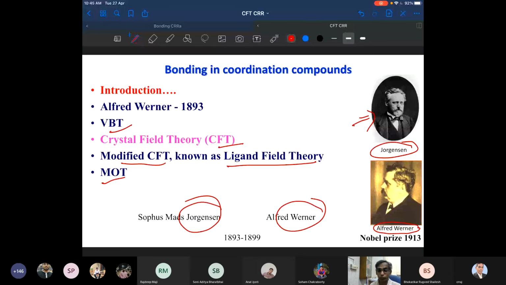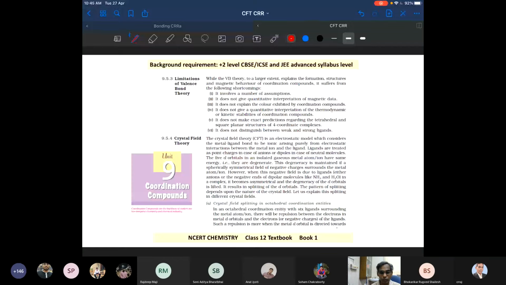Do you remember these pages? Where from? NCERT, right? NCERT textbook. Whatever I will be teaching is mostly from either crystal field theory, not at advanced level, very brief, as you see here. The limitation of valence bond theory, what I mentioned in yesterday's class, and the crystal field theory, what I will be teaching, it's already there.